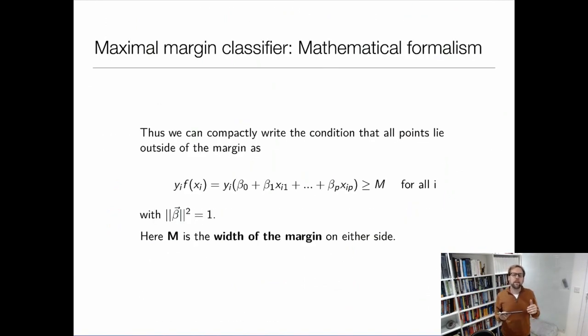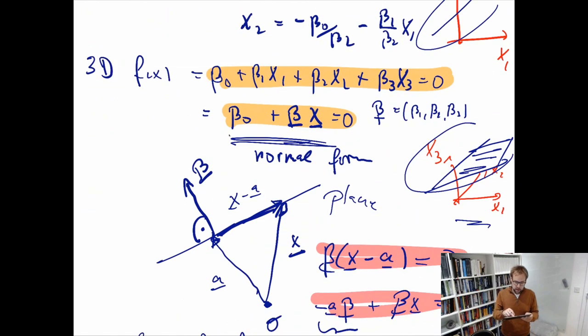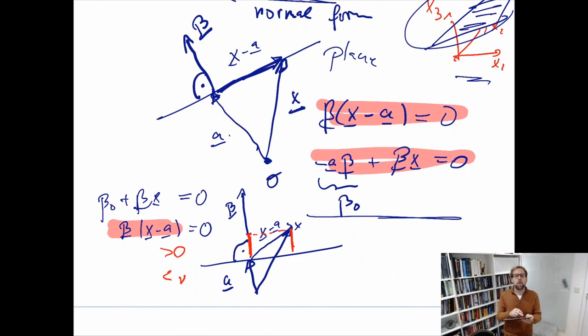And interestingly, this again goes back to before. If my point is not on the plane, and it got a little bit messy here, then this difference is just a projection. But if beta is normalized, it will just give me the length of this red line here.